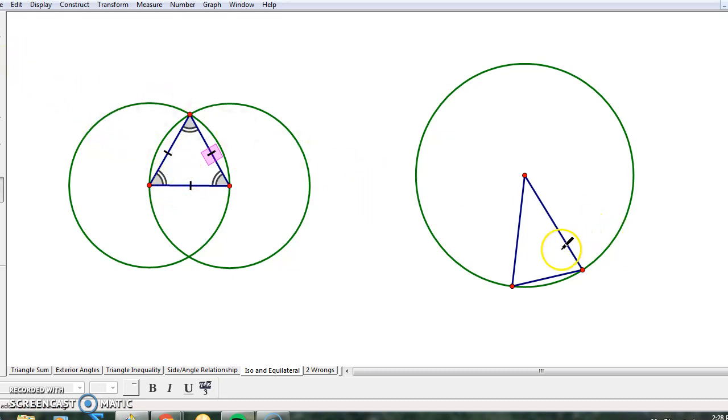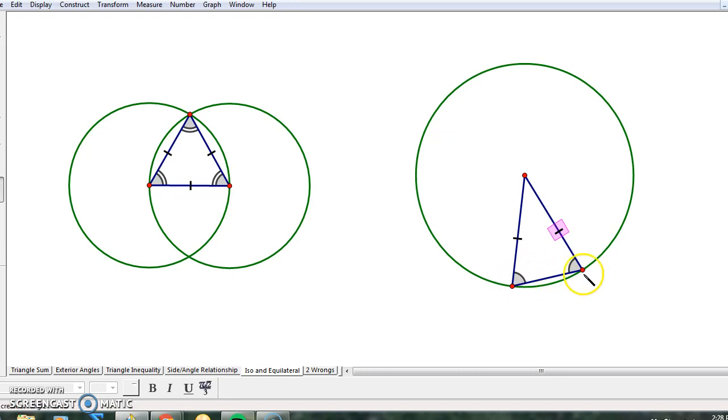If we come over here, I've constructed an isosceles triangle because we know the radii are always congruent within a circle. So if we know that the largest angle is opposite the largest side and the smallest angle is opposite the smallest side, if we have two congruent sides, the two angles opposite them are going to be congruent.